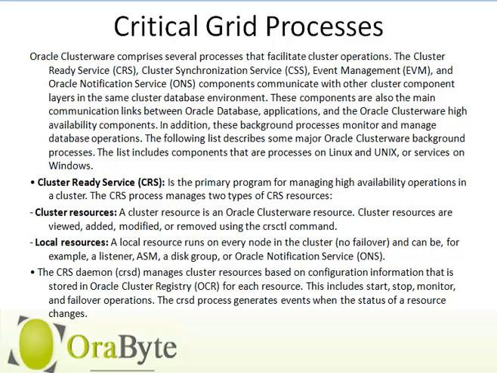Cluster resources are viewed, added, modified, or removed using the crsctl command. Local resources: a local resource runs on every node in the cluster, and there is no failover for that resource. It can be, for example, a listener, an ASM disk group, or Oracle Notification Service.